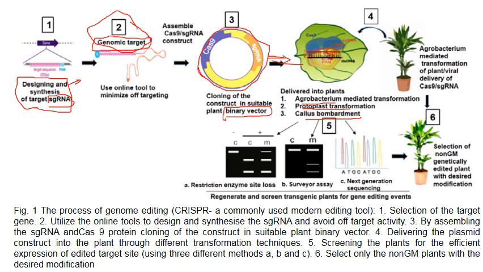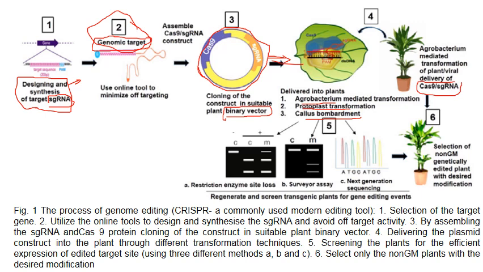After that, regenerate and screen transgenic plants for genome editing, which means it should be checked whether that particular gene is properly acting or functioning or not. After that, agrobacterium mediated transformation or plant viral delivery is checked.